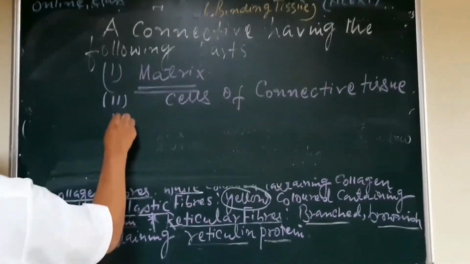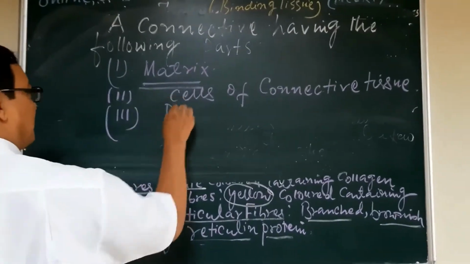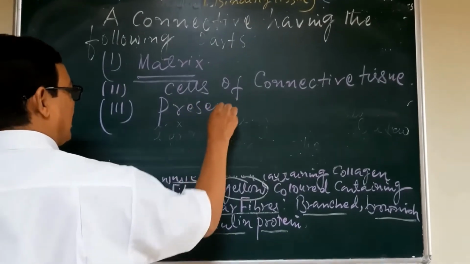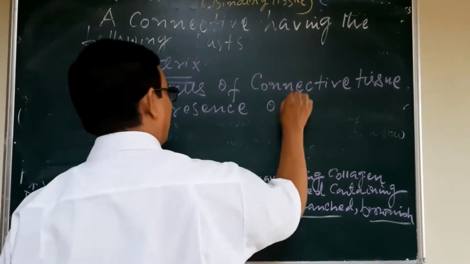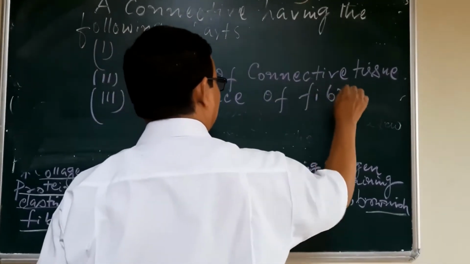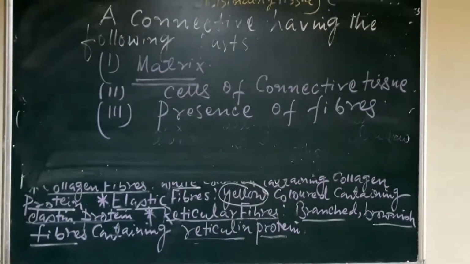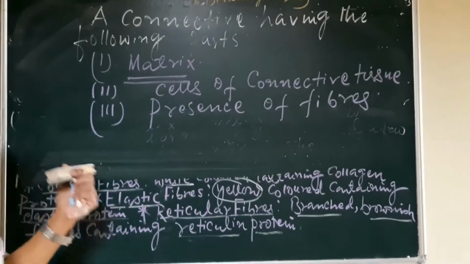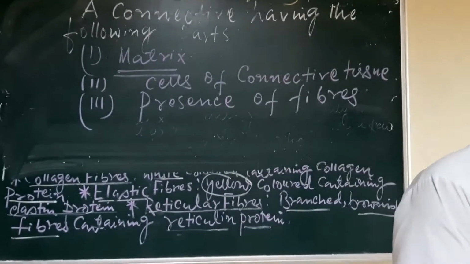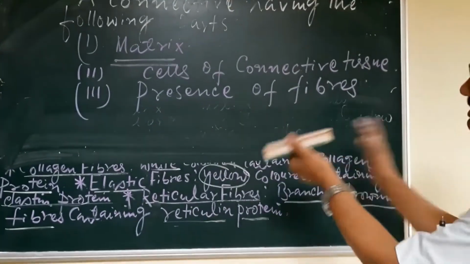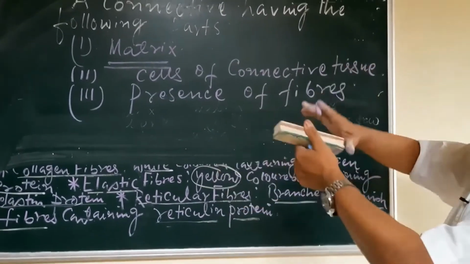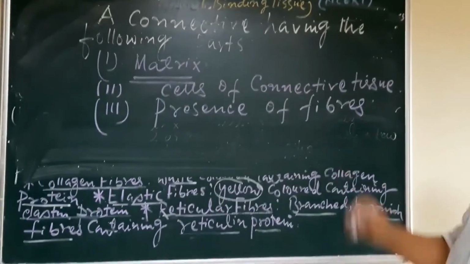Presence of fibers. So these are some facts about the structure or the characteristic features of the connective tissue. Depending upon this, you may more or less see the different types of connective tissue.